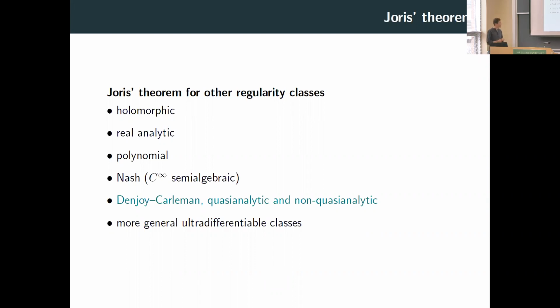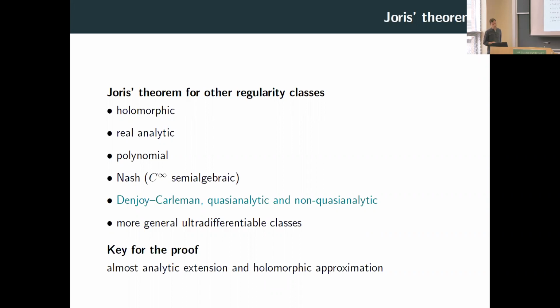Let me just mention that this is not restricted to Denjoy-Carleman classes; it is true for more general ultradifferentiable classes. As I said, the key of the proof is to go to the complex domain. We do this by almost analytic extension and then by holomorphic approximation.